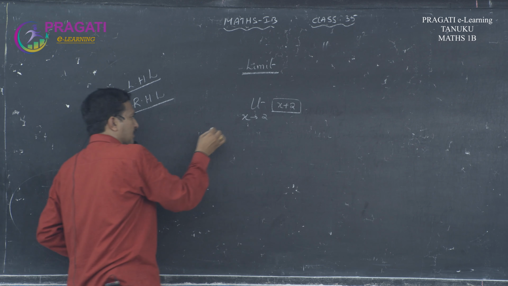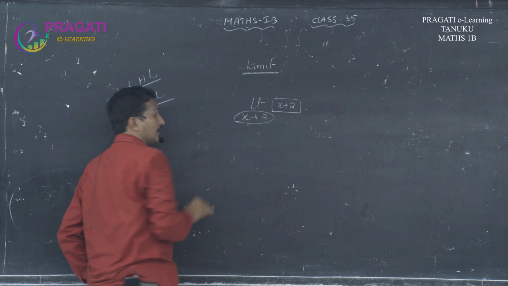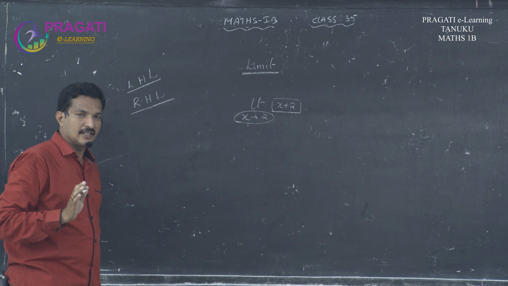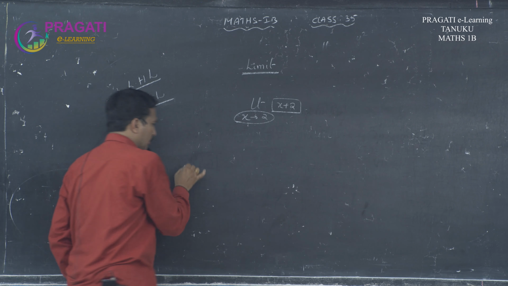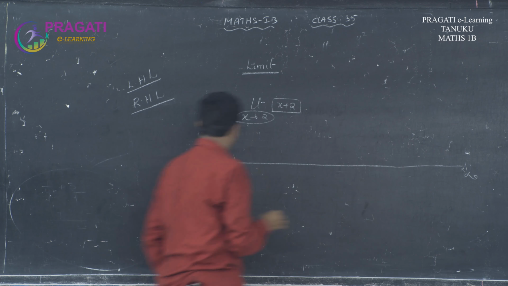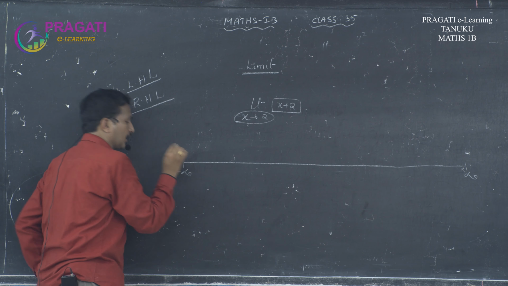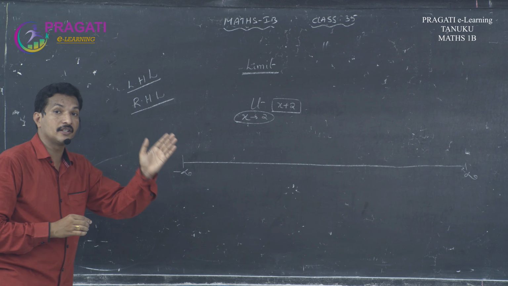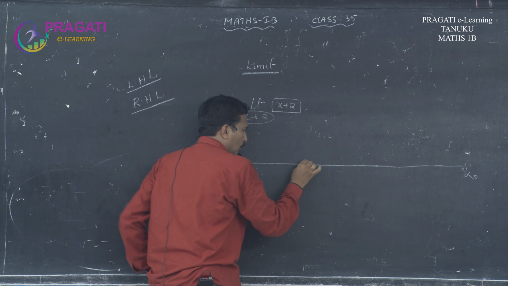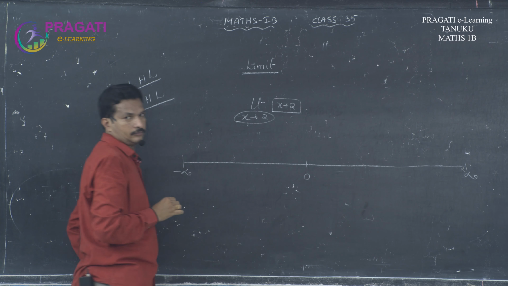Here x tends to 2 means x approaches 2, that means x is closer to 2. Suppose it is the real number system, it is infinity and it is minus infinity. Real numbers lie between minus infinity and infinity. Here the middle value is 0.